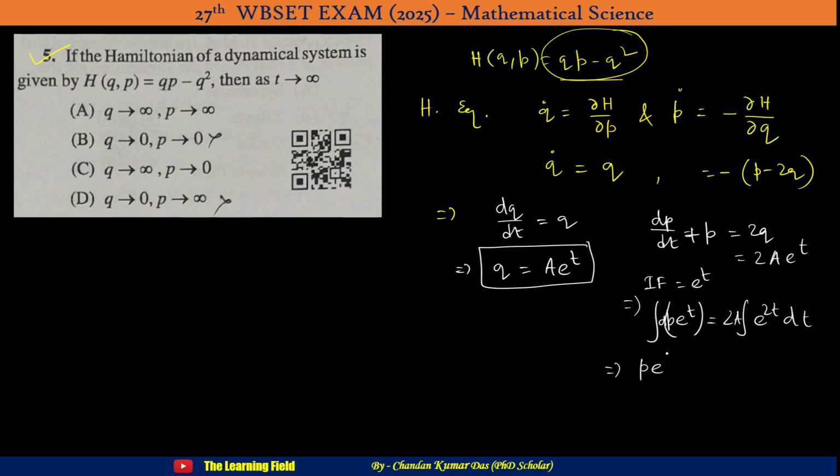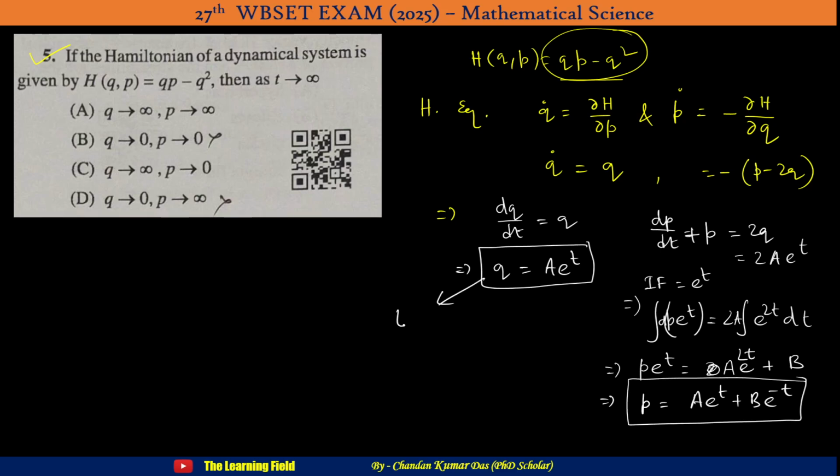So we get p e^t = 2A times e^{2t}/2, that is A e^{2t} + B. This implies p = A e^t + B e^{-t}. So these are the two solutions.